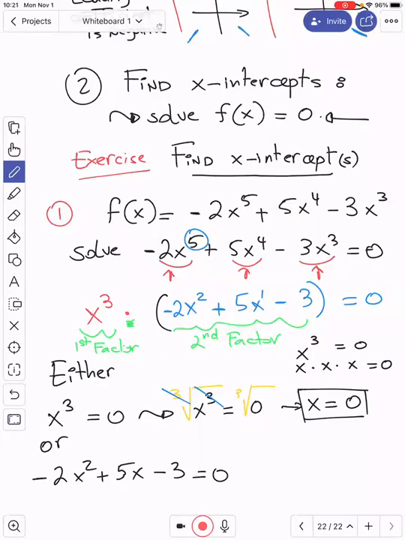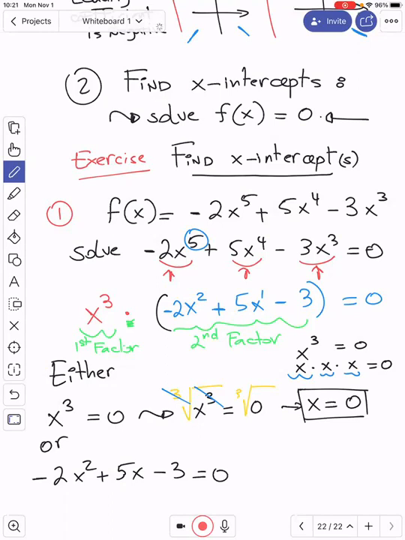And so this means actually, because you have 3 x's equal to 0, that x equal to 0 is a 3 times solution to this problem. It's not just one time, it's like 3 x's equal to 0.